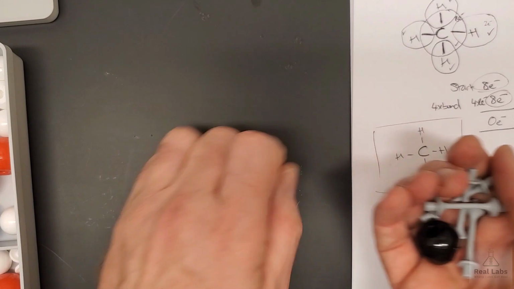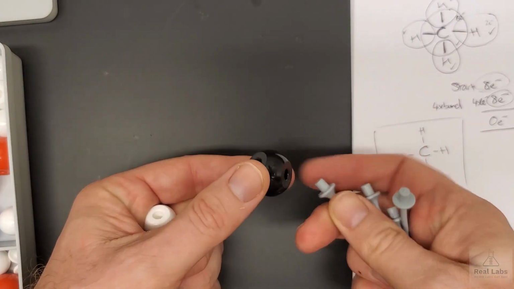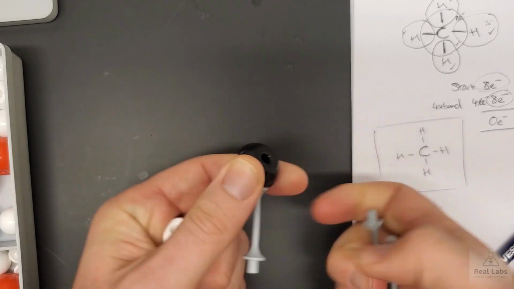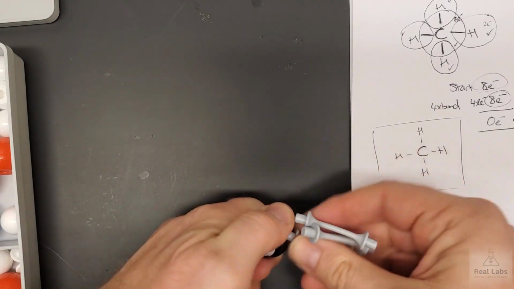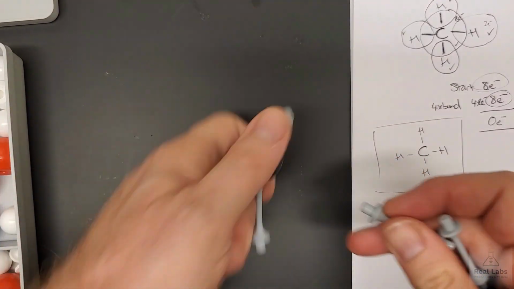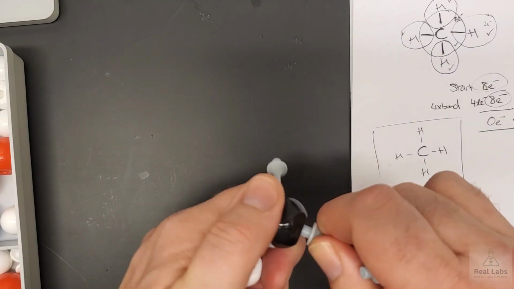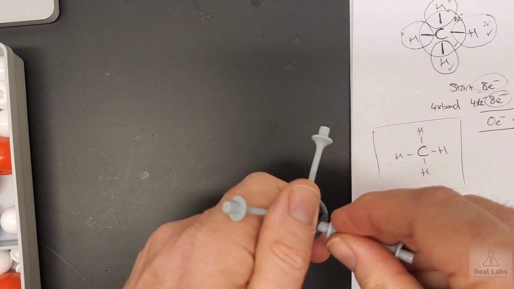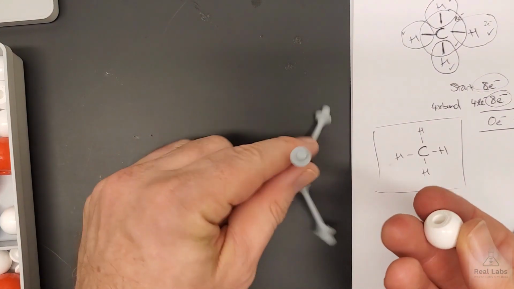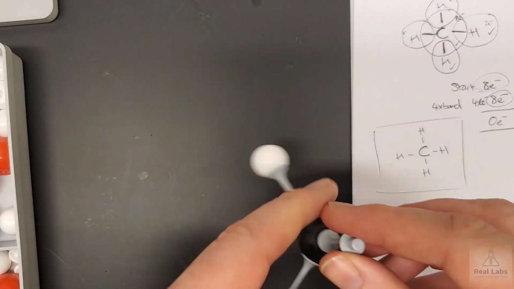We said the carbon atom was in the middle, and it had single bonds attached to it, so we'll build that first. I know I've already shown you this one, but we're just showing you how to go from a 2-dimensional picture into a 3-dimensional molecule. So there's our carbon with the 4 bonds, and now we're simply going to attach our hydrogen atoms to these.